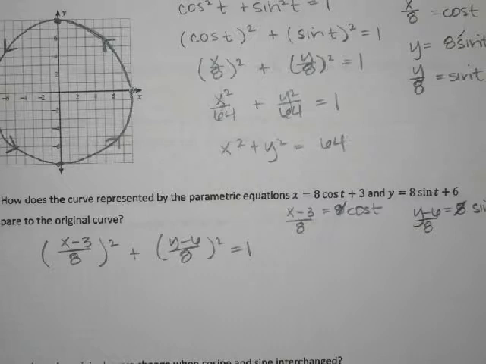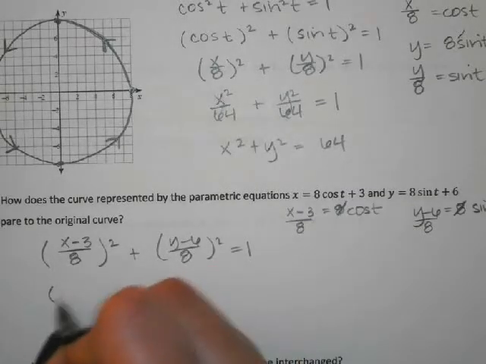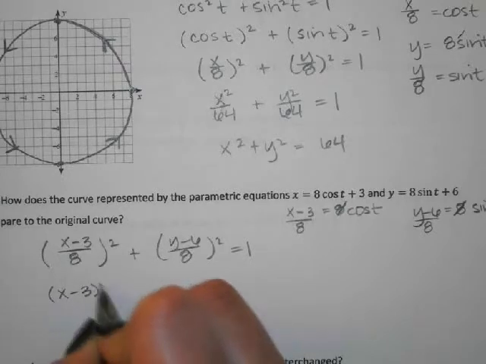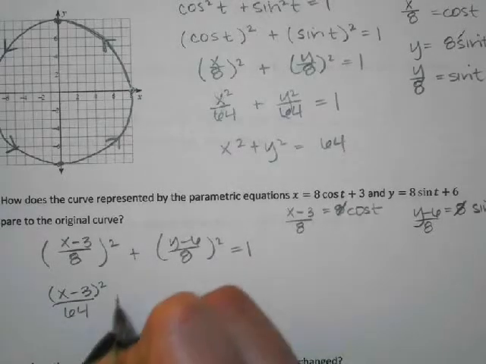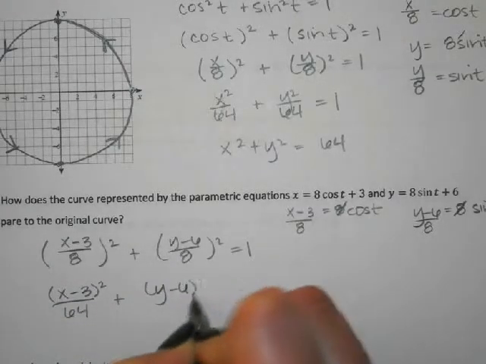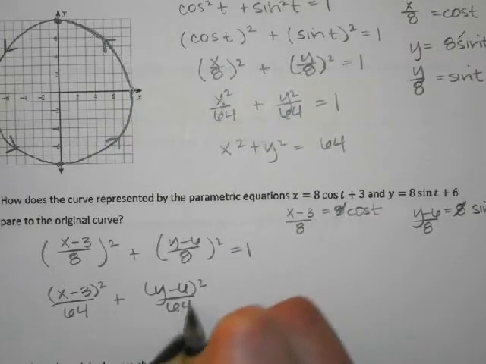So can you tell what that did? Yeah, it moved the center. So we're going to have x minus 3 squared over 64, y minus 6 squared over 64.